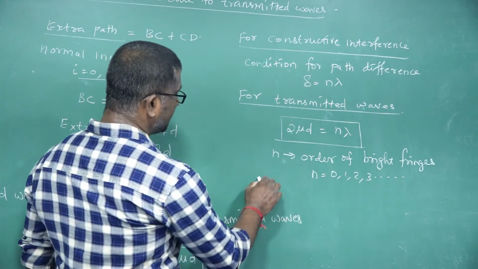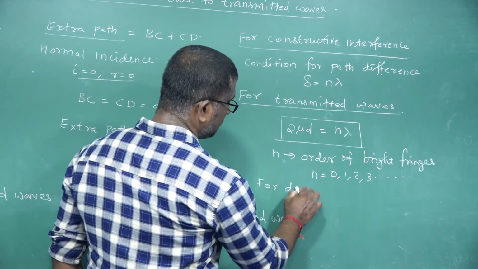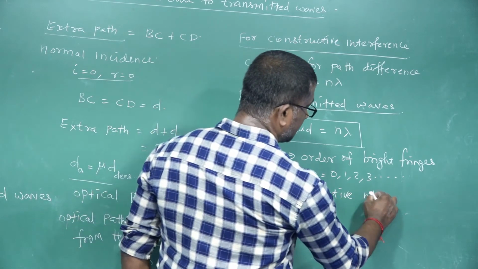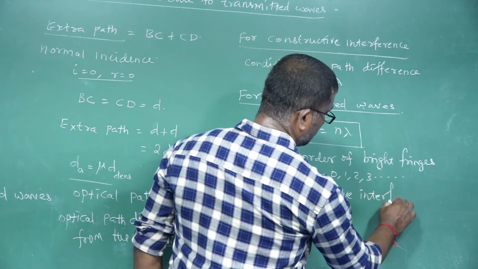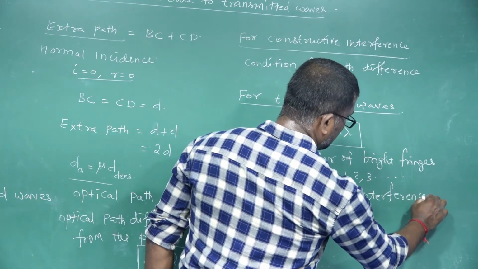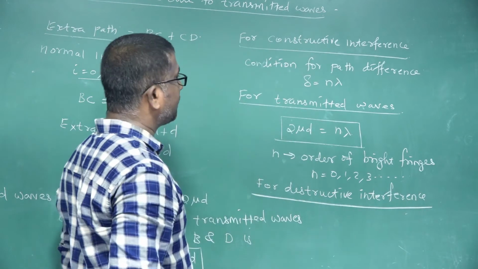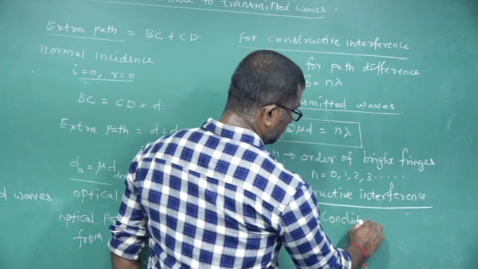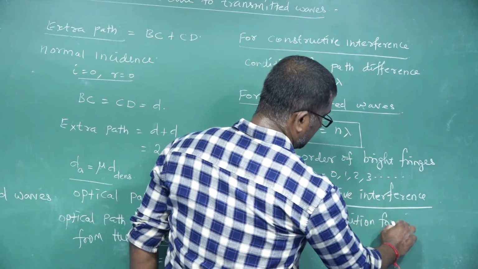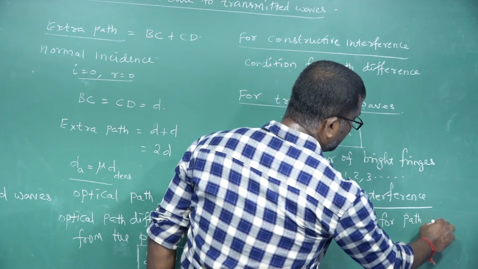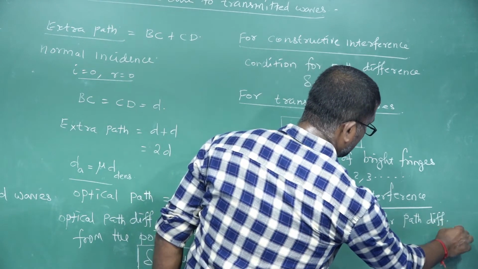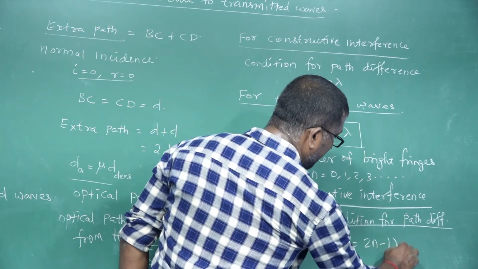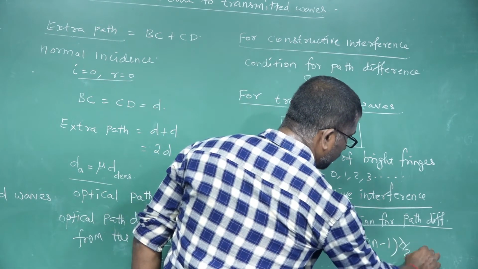And for destructive interference, the condition for path difference is del is equal to 2n minus 1 lambda divided by 2.